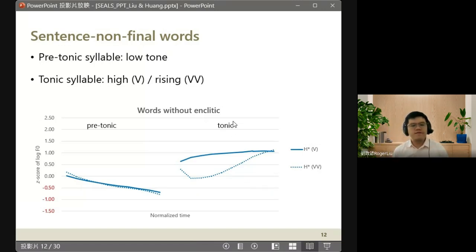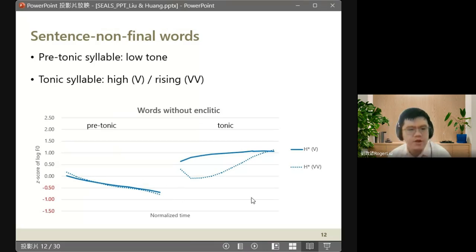For sentence non-final or sentence medial words, we can see the mean F0 pitch at each point of the word. So we can see that the pretonic syllable is generally pronounced in a low tone with a slight fall, but it is generally a low tone.